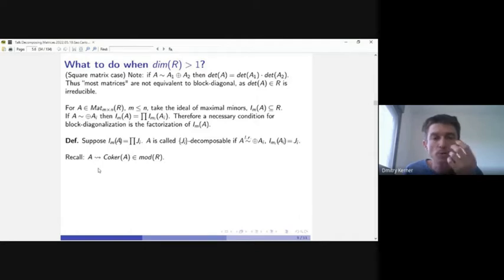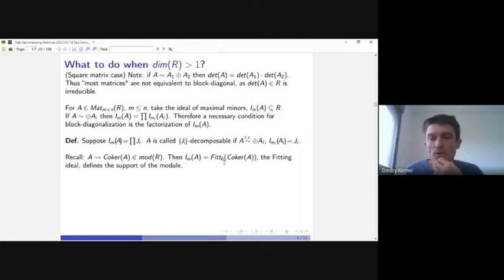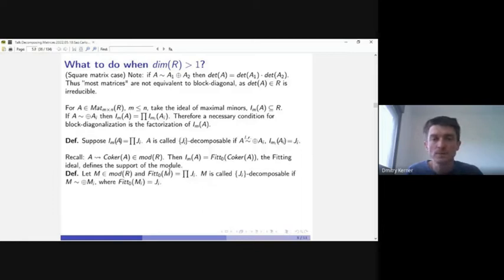Now, just a reformulation in terms of modules. Take a matrix, take the corresponding module. This is an R module, and this ideal of maximal minors is just the zeroth Fitting ideal of the corresponding module. Geometrically it defines the support of the module, where the module lives. Now the definition in the language of modules: we have a module over R, and we take its support.